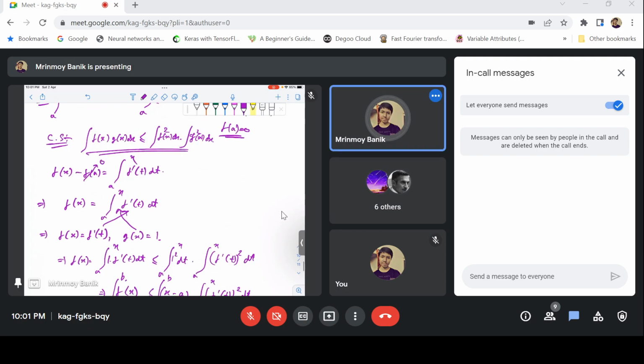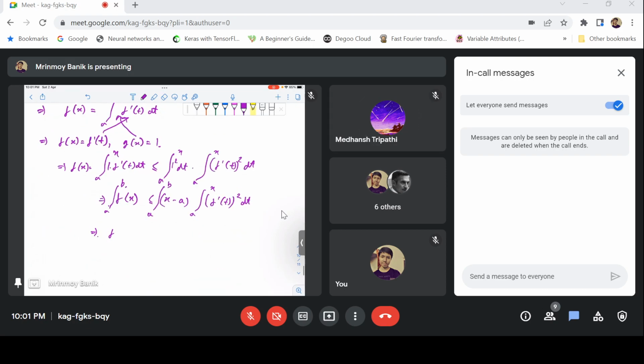Okay, I wrote the CS wrong. So we have a whole square here, that is f(x) whole squared dx. So integrating it from a to b, we get the left-hand side.